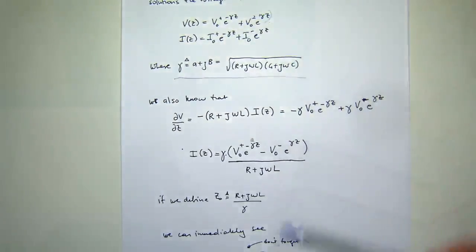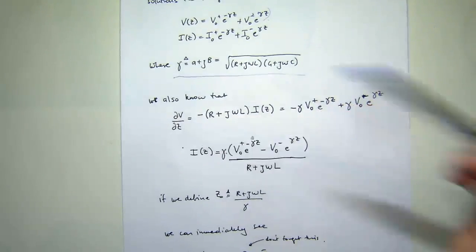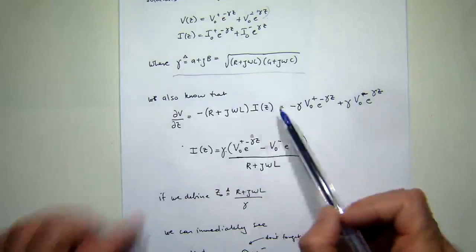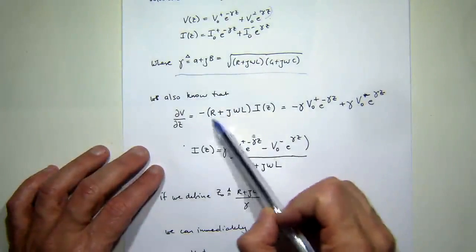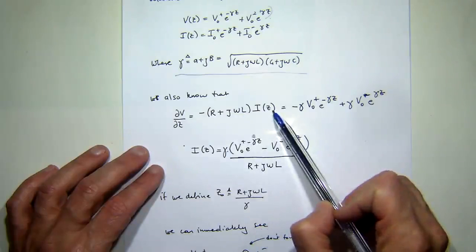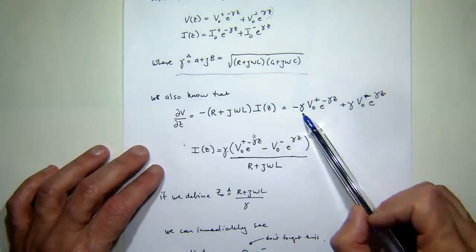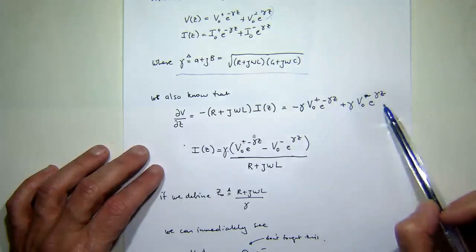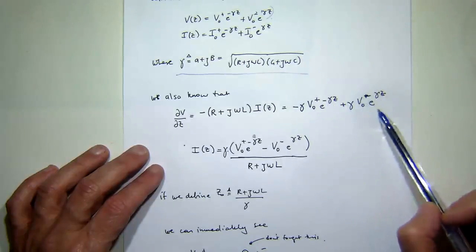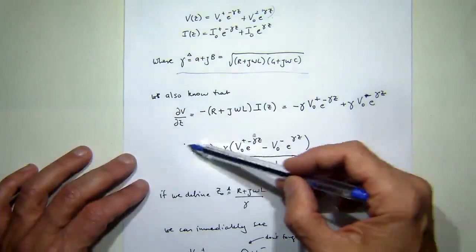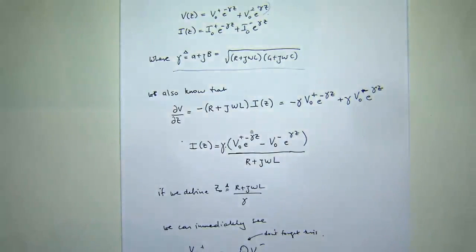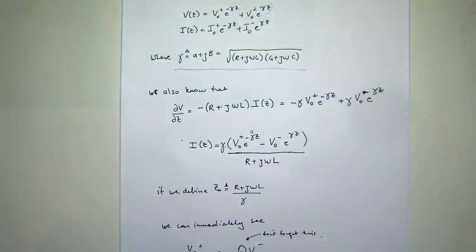Okay, so we've calculated the propagation constant, and we've determined what the voltage is. Since we know the voltage, and we know that dV/dz is equal to minus (R plus j omega L) I(z), which can be rewritten as gamma V naught e to the minus gamma z plus gamma V naught minus e to the gamma z, we can now come up with a relationship for the current on that transmission line. Furthermore, just for everyone's benefit, we're going to define a concept called the characteristic impedance of a transmission line.